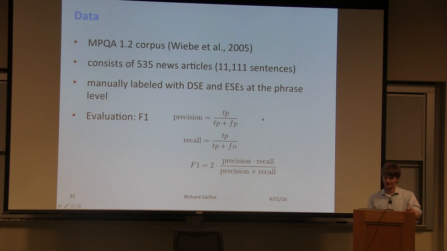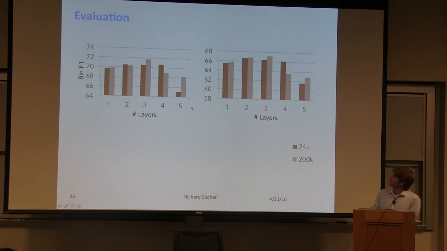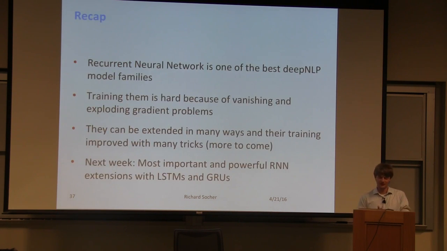That might have high precision, but then very low recall, because you're losing all the ones that aren't that, and you basically average those two out. Now, we can look at the number of layers and what helps for different problems, and we'll observe that regardless of whether you have 24,000 parameters or 200,000 parameters, after 3 layers of depth at each time step, you don't really gain anything in F1.